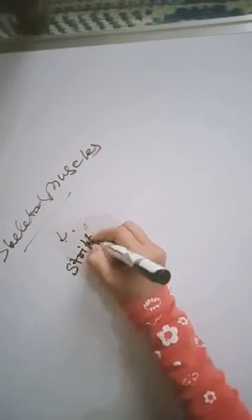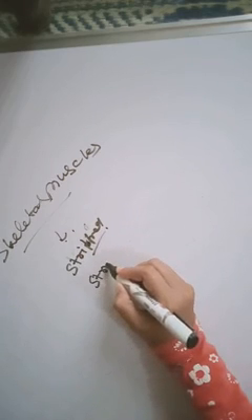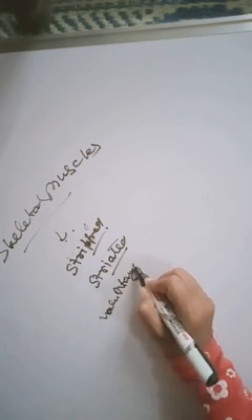They have a striped appearance under the microscope, so they are called striated muscles. Their activities are under the voluntary control of the nervous system, so these are called voluntary muscles.